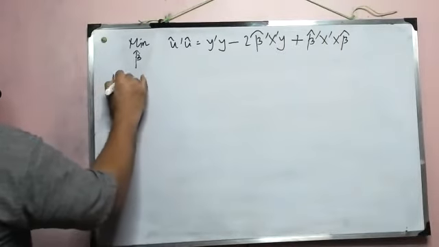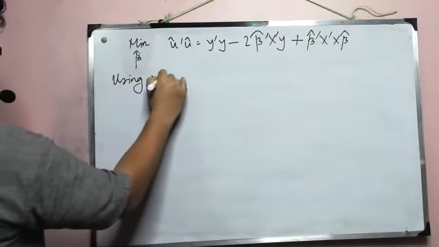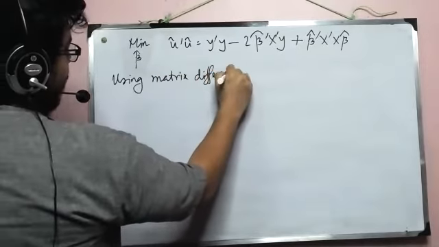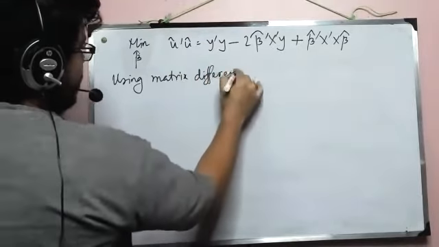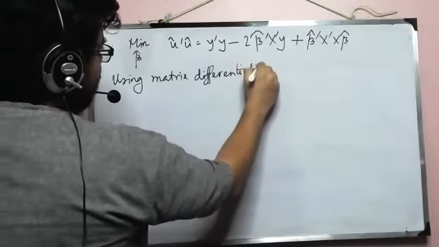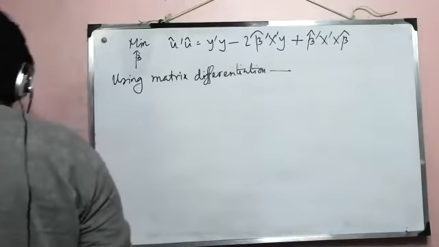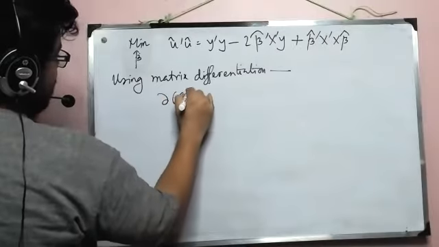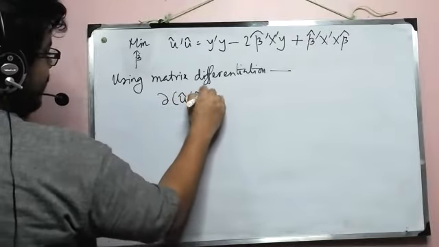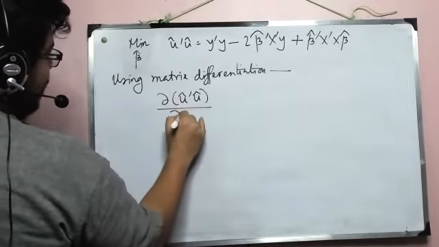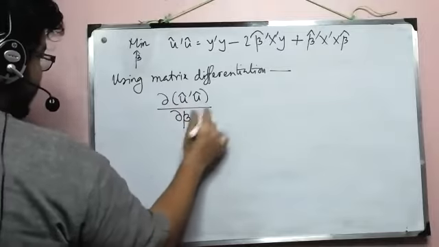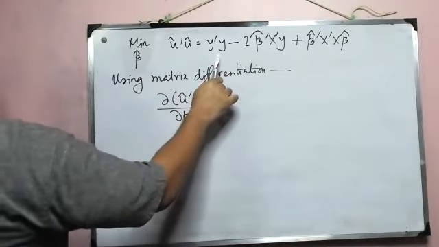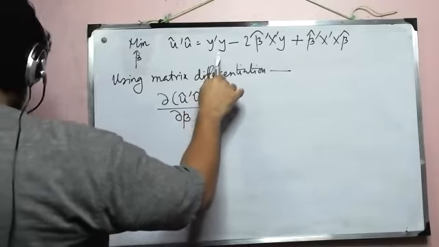So using matrix differentiation, in composite notation, it's basically like any other differentiation. So the derivative of u hat transpose u hat with respect to the beta vector equals, the first term doesn't contain any beta, so this becomes 0.